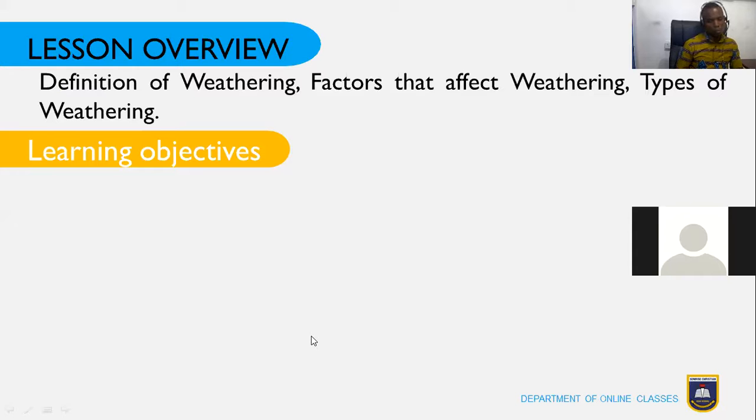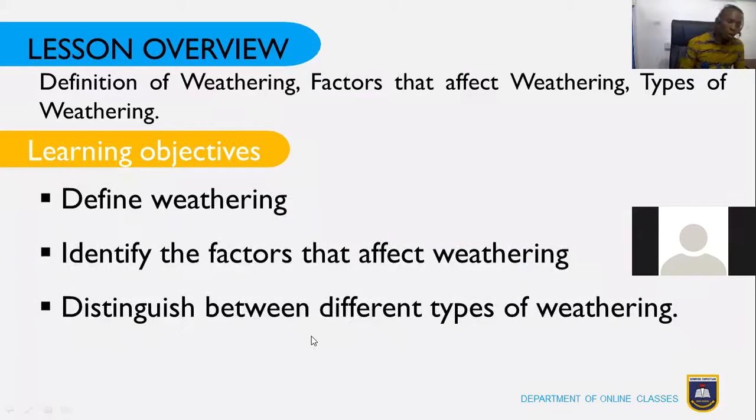What are our learning objectives? What are we hoping to achieve by the end of this lesson? We have three objectives here. The first one is that you'll be able to define weathering comprehensively.